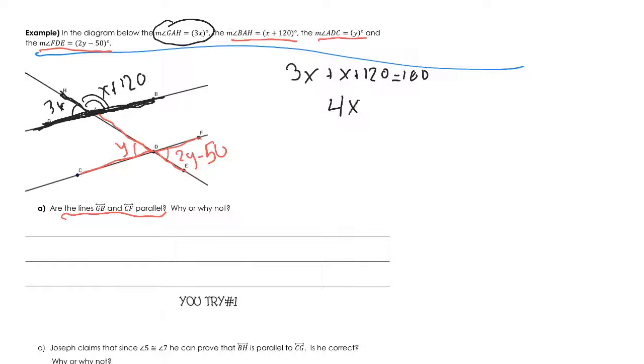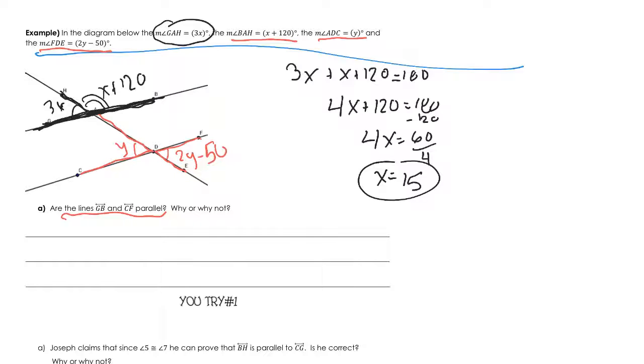That's 4x plus 120 equals 180. Subtract 120 from both sides. 4x equals 60. Divide by 4. X is 15. If I substitute that in, this angle is 45 degrees, 3 times 15 is 45. And 15 plus 120 is 135 degrees.